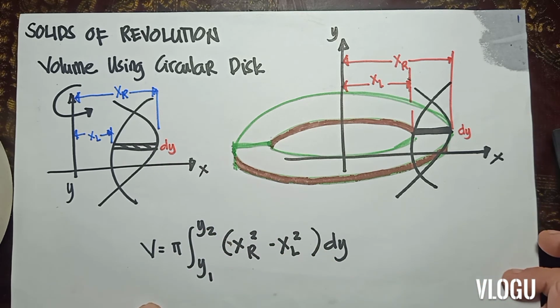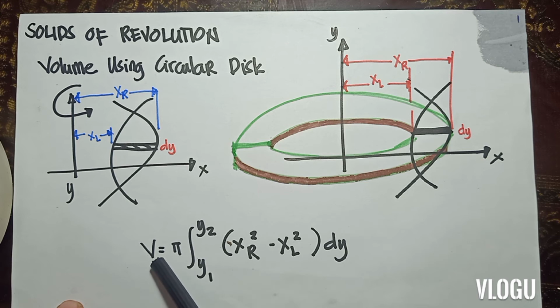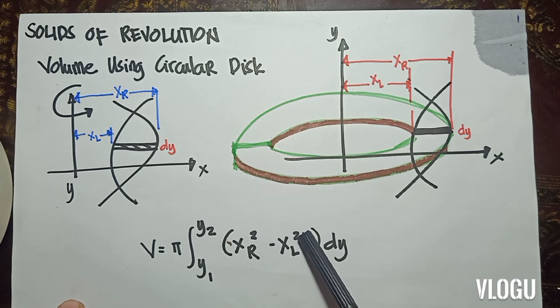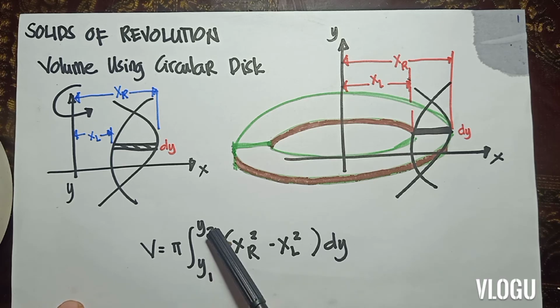To find the volume of that circular disc, we will have the formula: volume is equal to pi, the integral of x sub r, x right squared minus x left squared, dy, evaluated from y sub 1 to y sub 2.